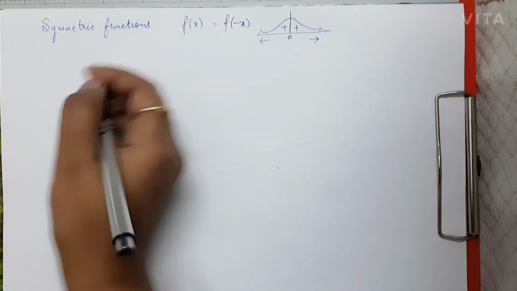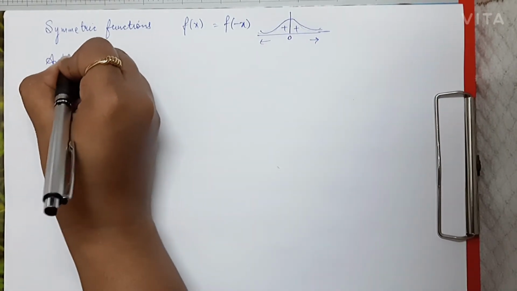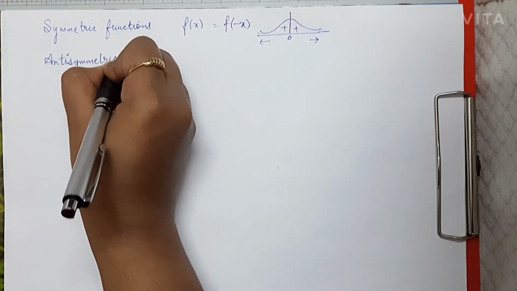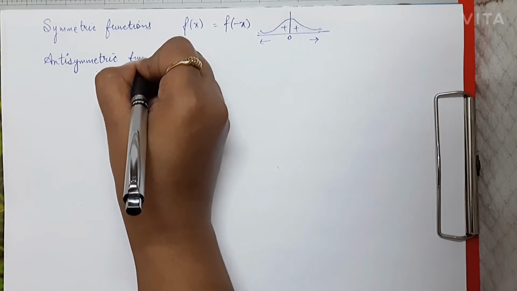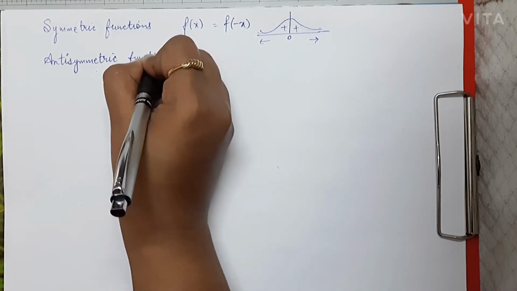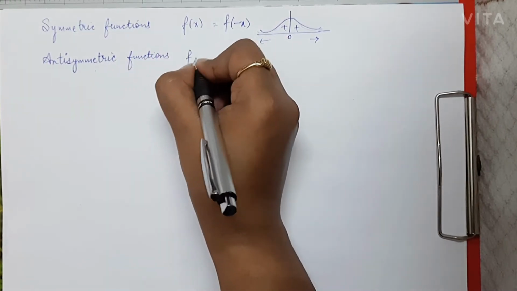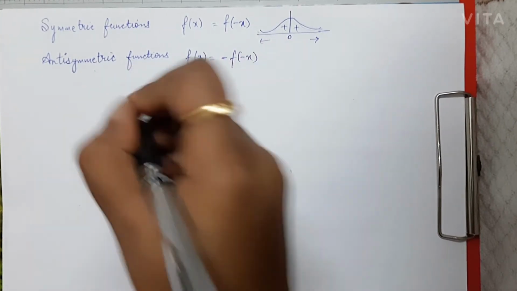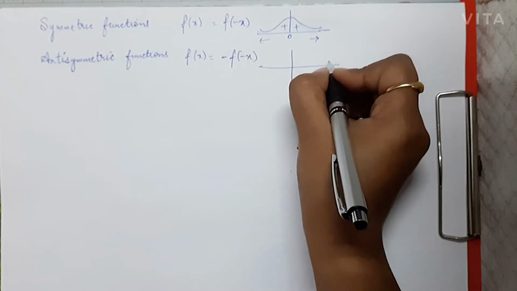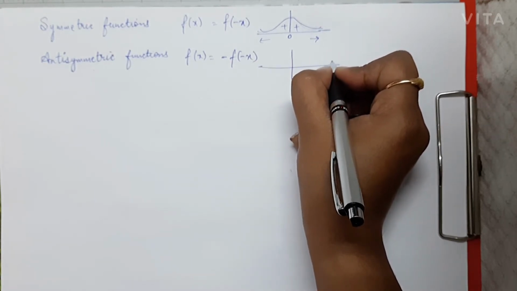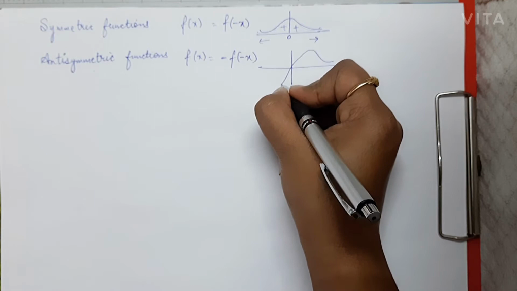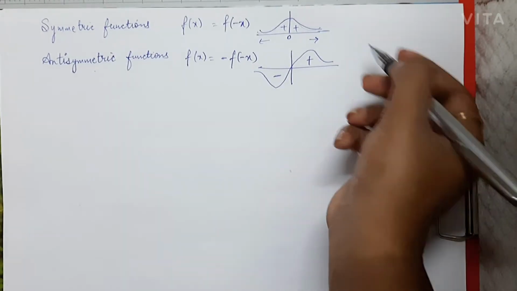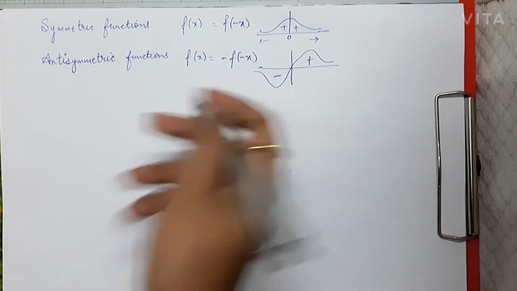So these are symmetric functions, and anti-symmetric functions will be those functions in which f(x) is equal to minus of f(-x). So these type of functions look like this: this is positive and this is negative, so this is basically an anti-symmetric function.